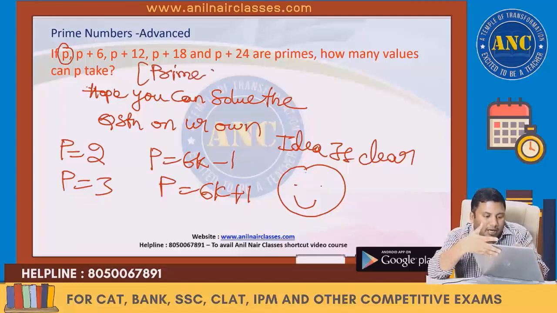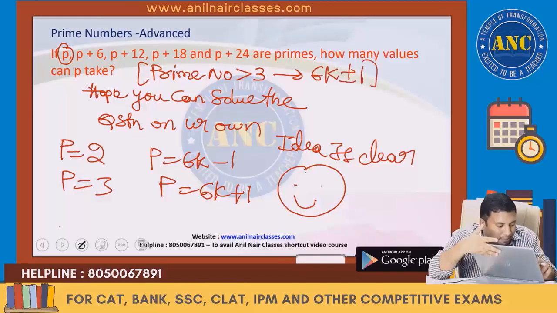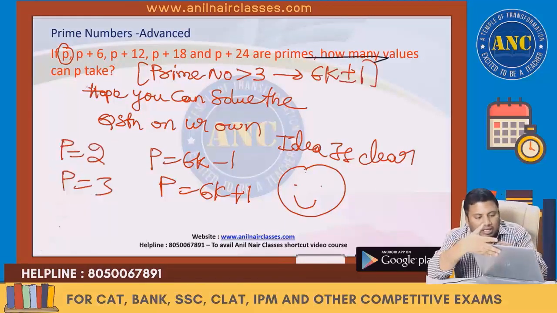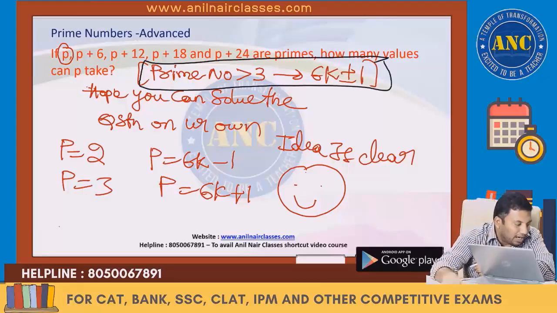Every prime number greater than 3, it is of the form 6k plus or minus 1. Everybody kindly reply in the live chat in case you know the approach, before we go on to the next question.